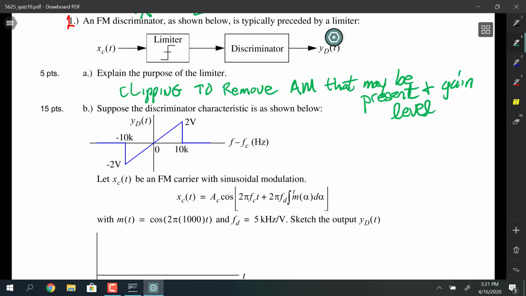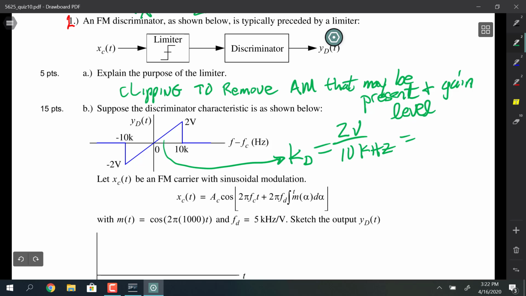If we wanted to be particular about what we were doing in the homework, we could say KD, the discriminator characteristic, is going to be 2 volts per every 10 kilohertz.